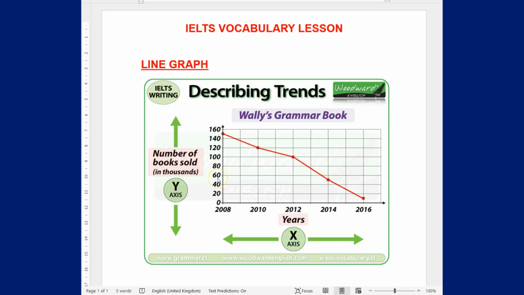So, for instance, if I ask you to describe this graph, and you say that in 2008, 150,000 books were sold. In 2010, 120,000 books were sold. In 2012, 100,000 books were sold. In 2014.